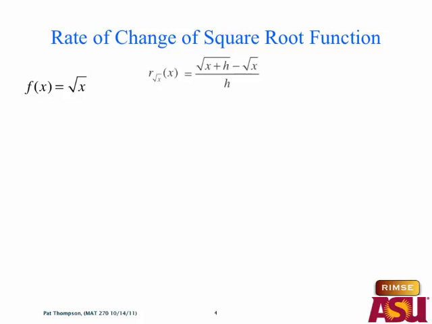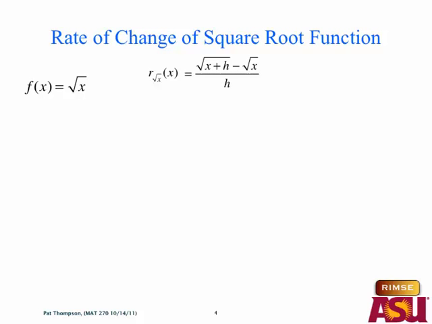So you should have gotten this: square root of x plus h minus square root of x, over h. Are we cool with that?